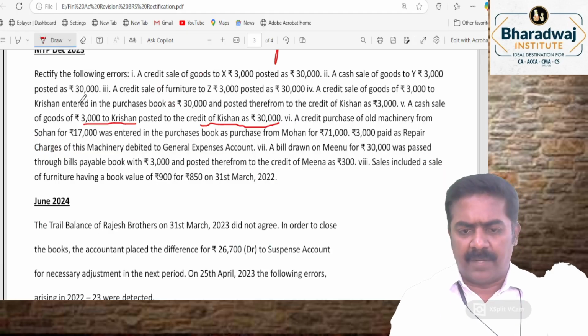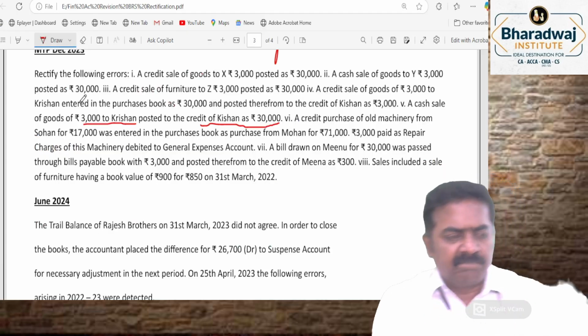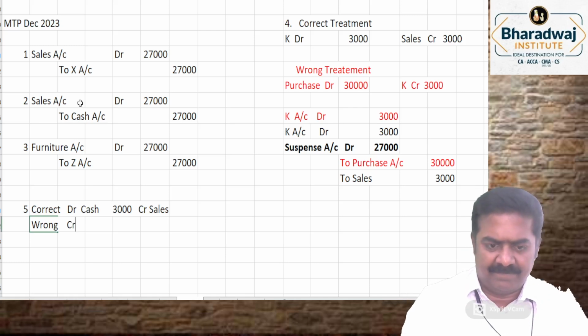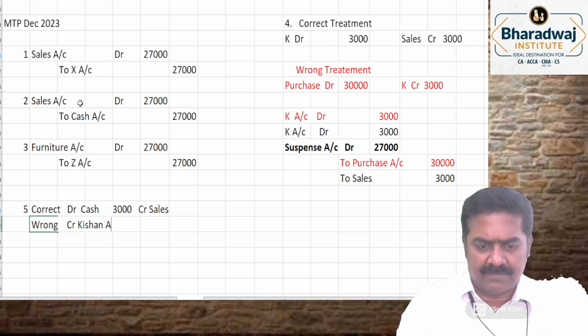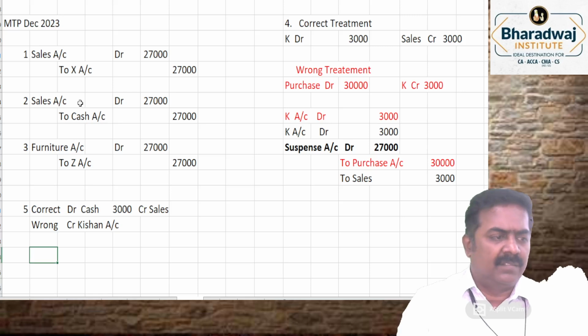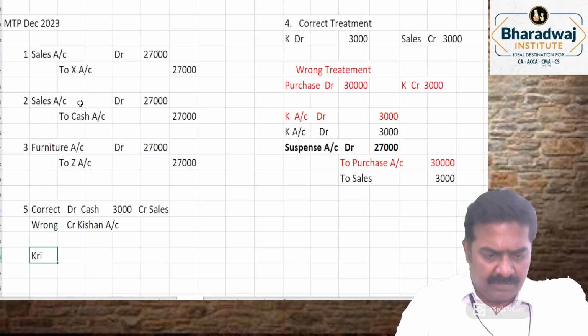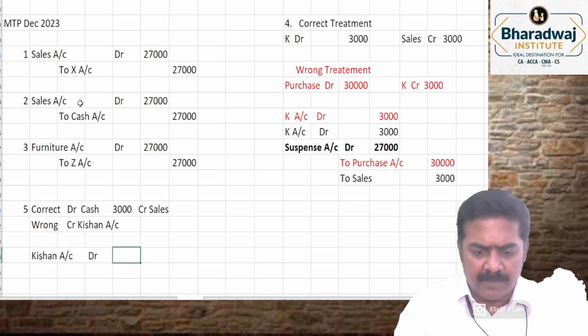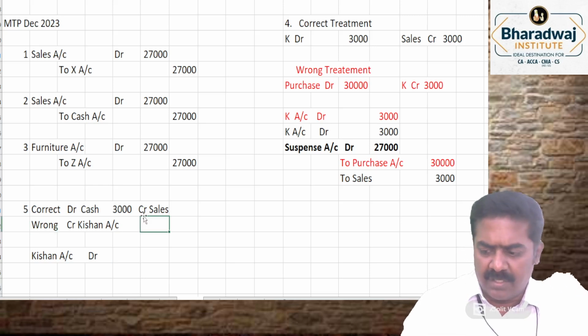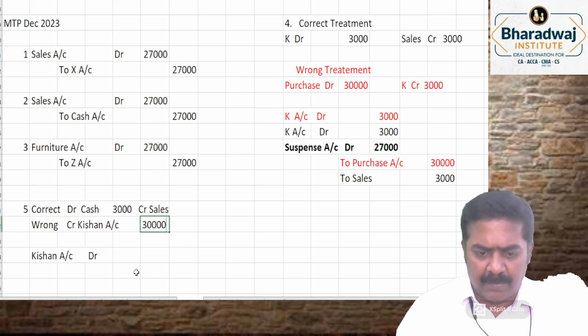What is the wrong treatment done? Be credited to which account? How to rectify the error? Krishnan account debit how much? Tappa credit பண்ணது, not the same amount. How much? 30,000. Remove that by debiting.